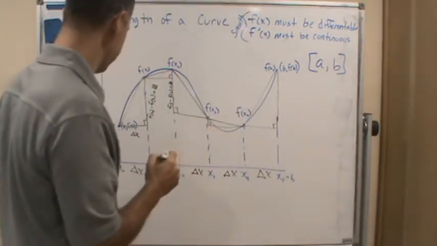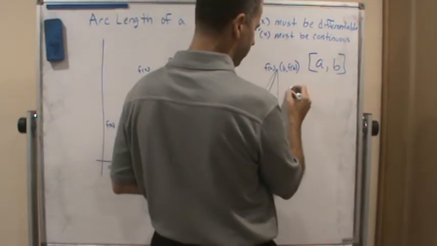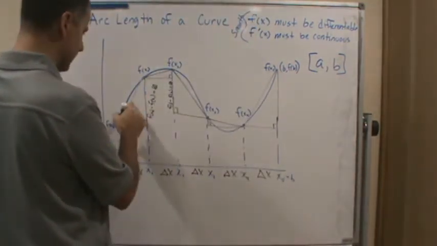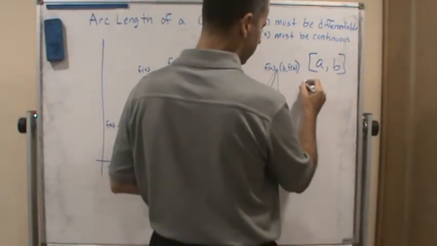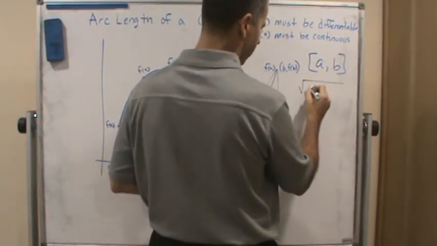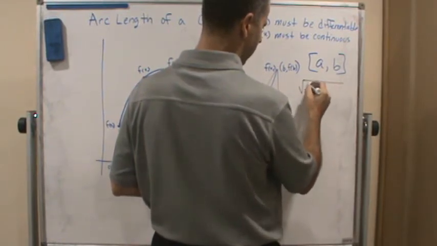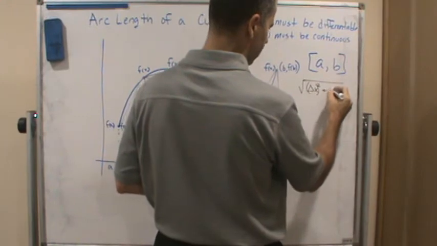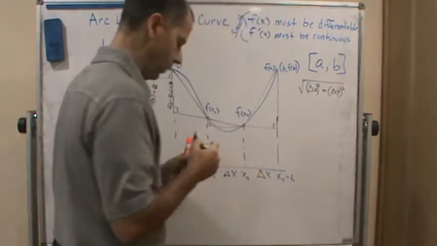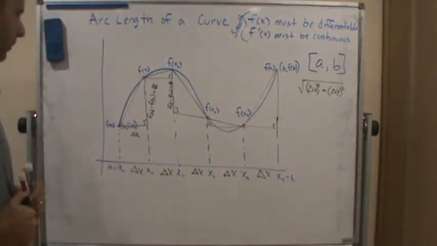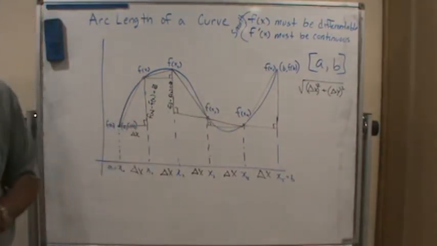If we use the Pythagorean theorem, with delta x and delta y, we can get this distance is equal to the square root of delta x squared plus delta y squared. So we're just using the Pythagorean theorem to get each one of these hypotenuses.